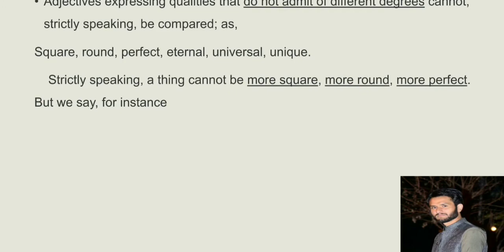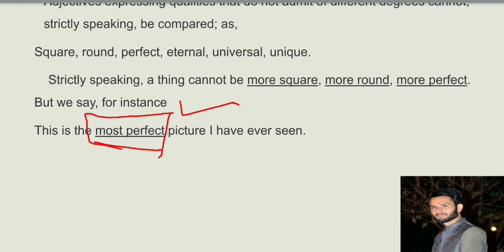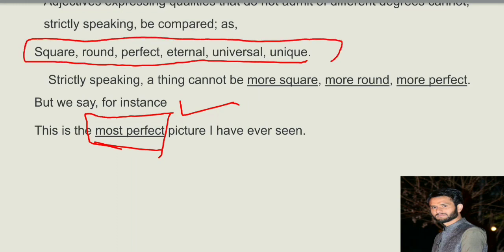But we say, for instance, this is the most perfect picture I have ever seen. Here we cannot say this is the more perfect picture I've ever seen, so it would be regarded as incorrect. So they cannot take comparative degrees. Square, round, perfect, eternal, universal, and unique cannot take the comparative degree, and they are used as the positive or the superlative degrees.